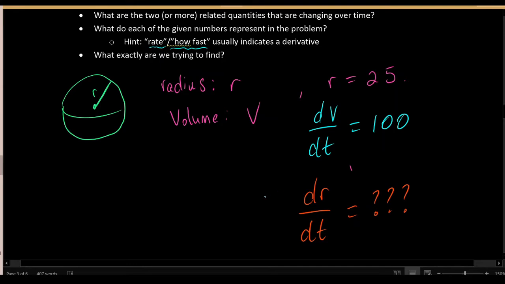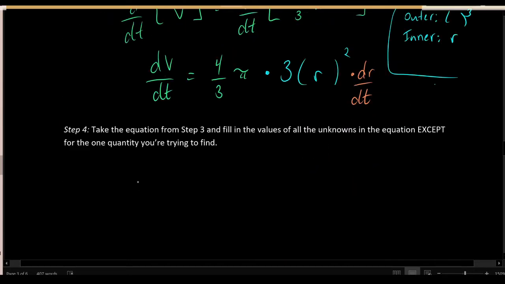So I'm going to scroll back down, I'm going to fill in the blanks of everything that I possibly can, and by the time I'm done, the only unknown left should be dr/dt. So dV/dt was 100. That was equal to 4/3 times pi times 3 times 25 squared.